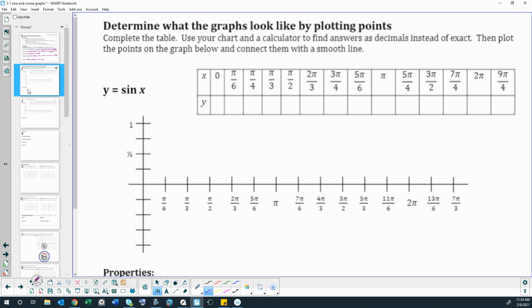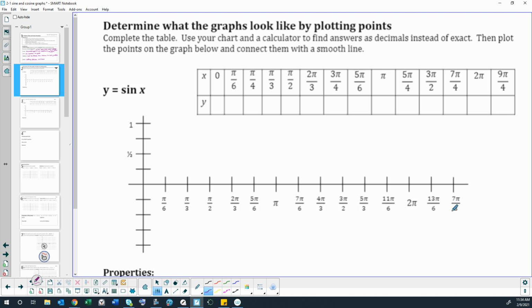Okay, here we go. Sine. So I've got values of sine to find from the angle equals 0 to the angle equals 9 pi fourths. So basically it's going to 2 pi and then a little bit more, just to see what happens there.